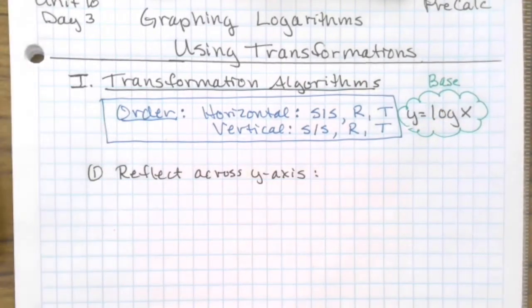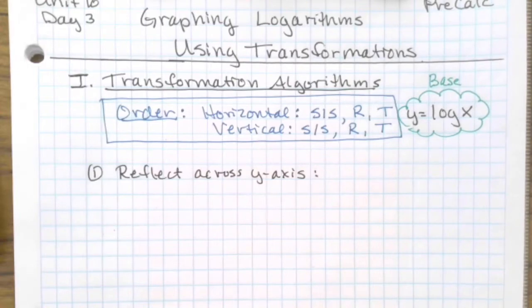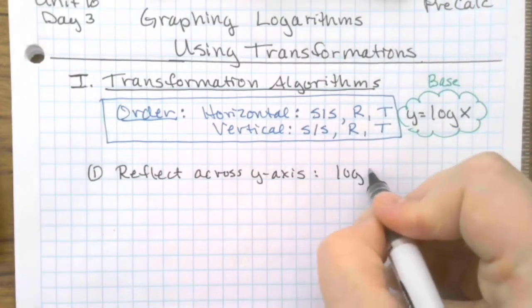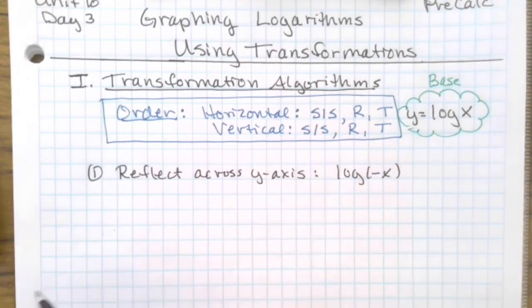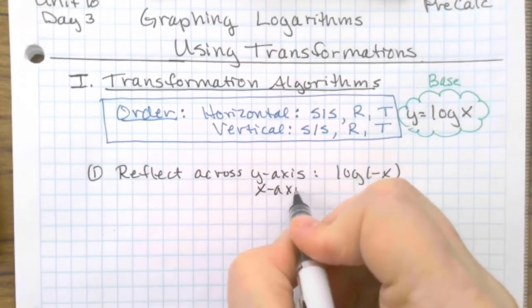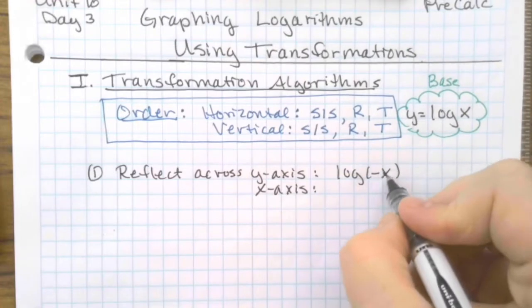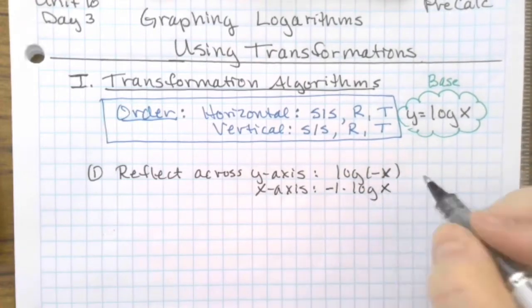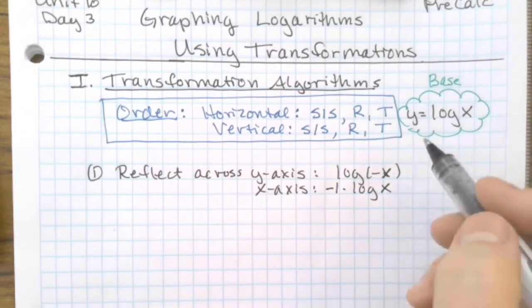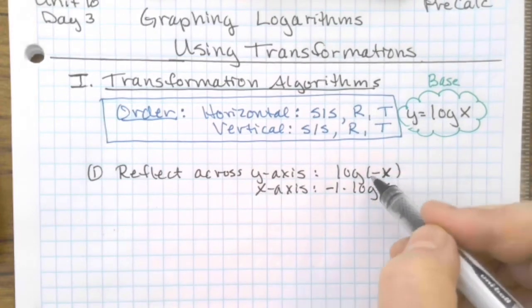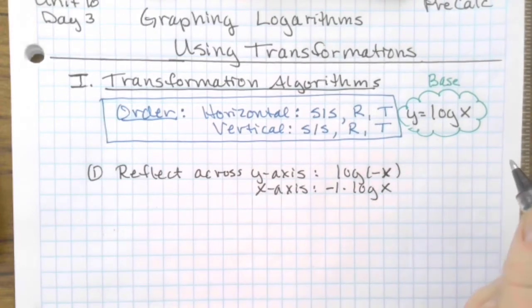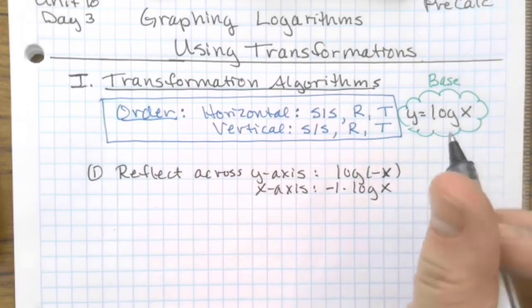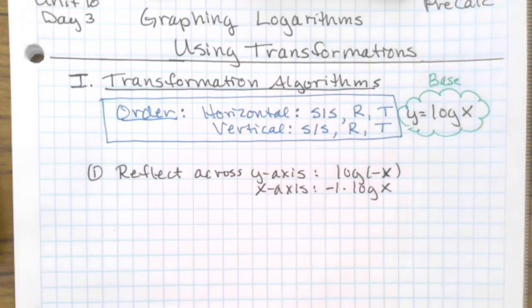So from that, when you reflect across the y-axis, the x is what gets multiplied by the negative. To reflect across the x-axis, the -1 goes to the front and gets multiplied on the outside of the log. So the x stuff is going to be in the argument of the log. The y stuff is going to be outside of the log or in front of it, just not inside it.